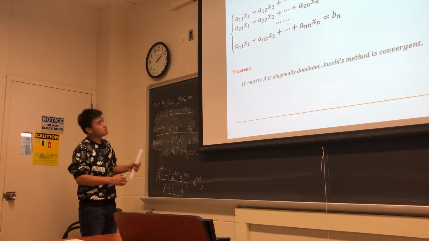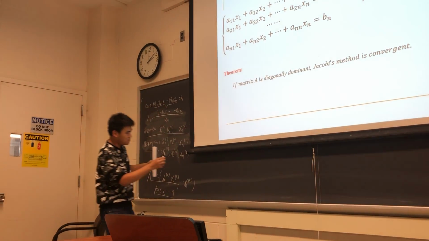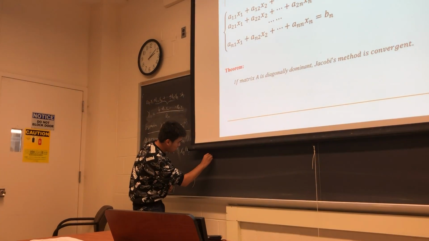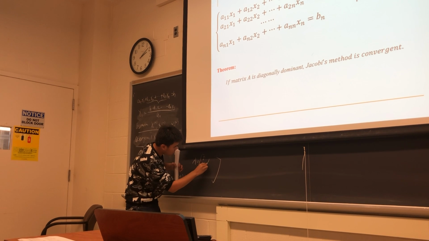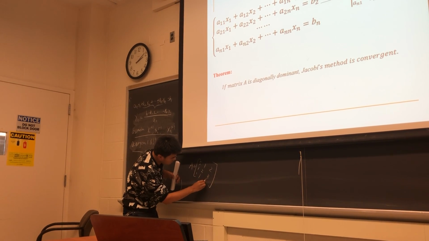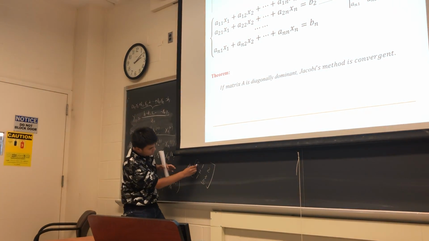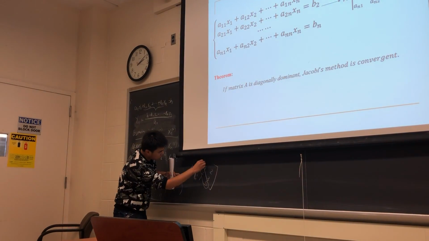So what is diagonally dominant? Now I can give you a matrix like this one, that is 5, 1, 1, 1, 2, 2, 3, 5. We can say that all the elements on the diagonal are bigger than the other elements in their column.